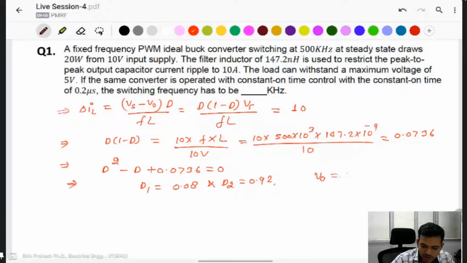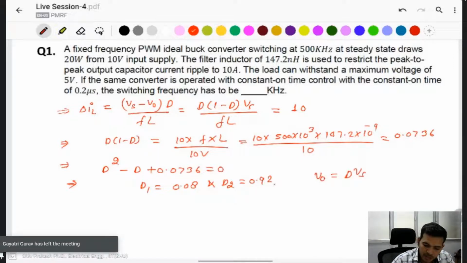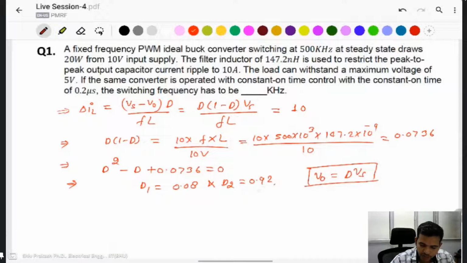Output voltage is equal to D Vs for the buck converter. It means if you put the value of 0.92 in this one, it means 9.2 volt, with a supply of 10 volt. This one is the much higher duty ratio. This is not considered for this. You can't consider this one. You consider D1 is equal to 0.08 and output voltage, it means output voltage is 0.8 volt.